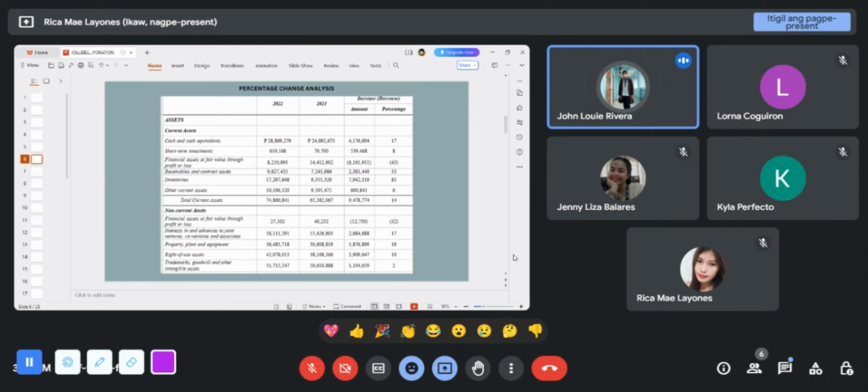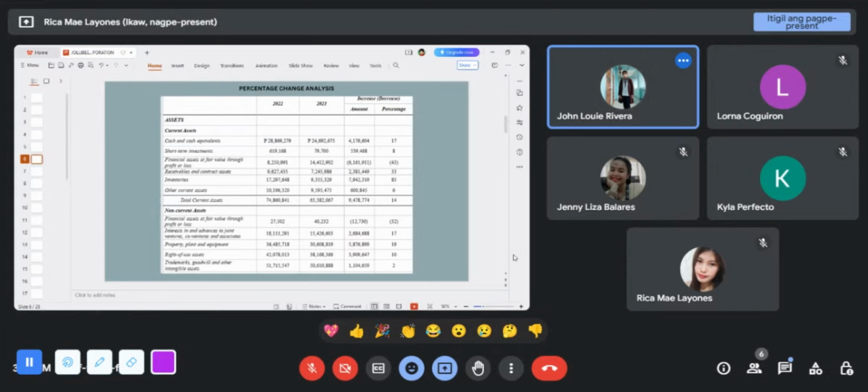Total current assets, 9,478,774, increased by 14. Non-current assets, financial assets at fair value through profit or loss, the amount is negative 12,730, decreased by 32. Interest in and advances to joint ventures, co-ventures, and associates, amount 2,684,688, increased by 17.